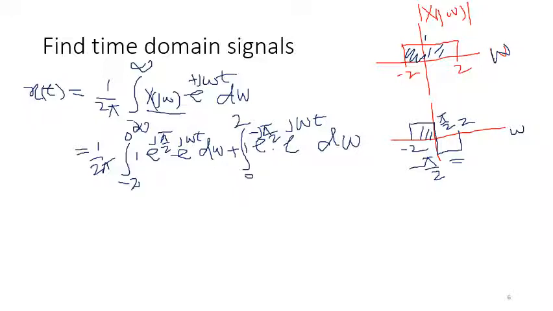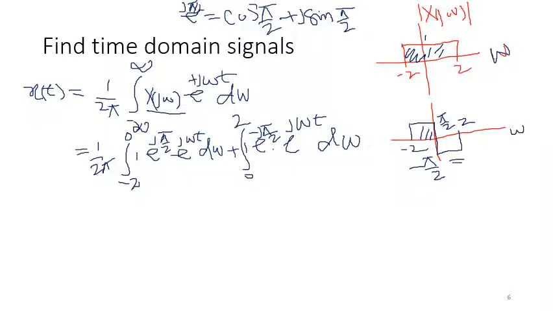You can easily find that e power j pi by 2 is basically equal to cos of pi by 2 plus j sine of pi by 2.